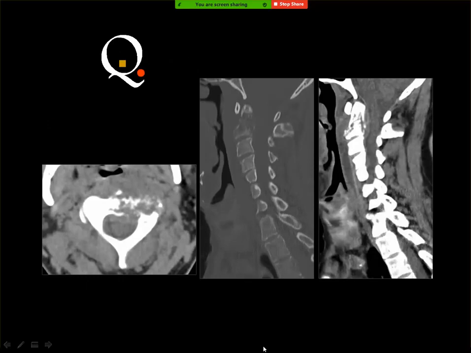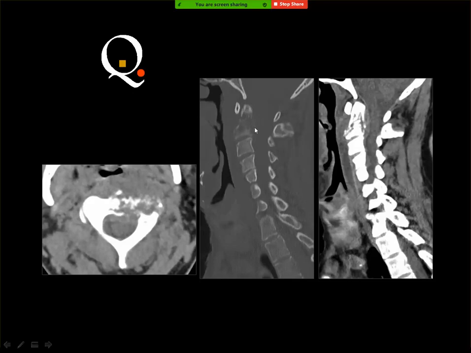Then what do you think of this? Destructive lesion in the odontoid. Yes, we have a lesion in the odontoid process.